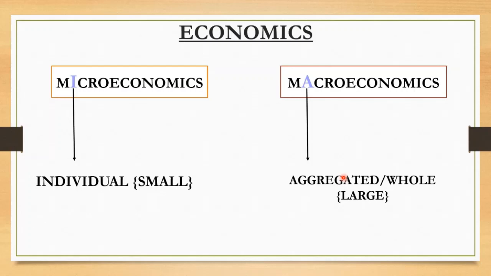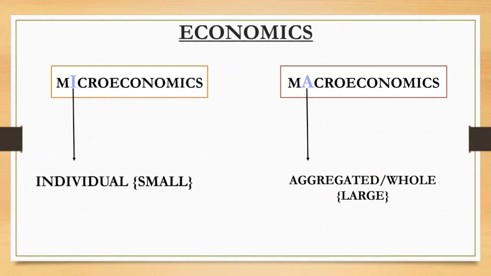So the economic problem can be studied on a micro level as well as on a macro level. Now we know I is related to an individual level, which means to study the economic problem on an individual level. And the letter A stands for aggregated or whole, to study the economic problem on an aggregated level.